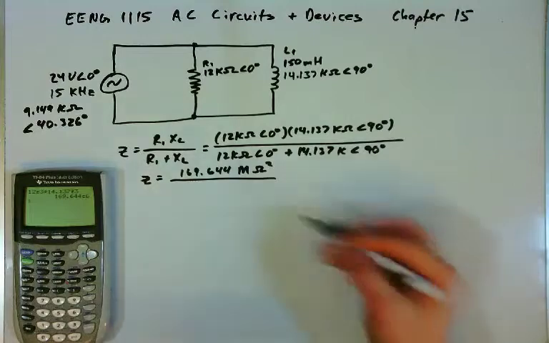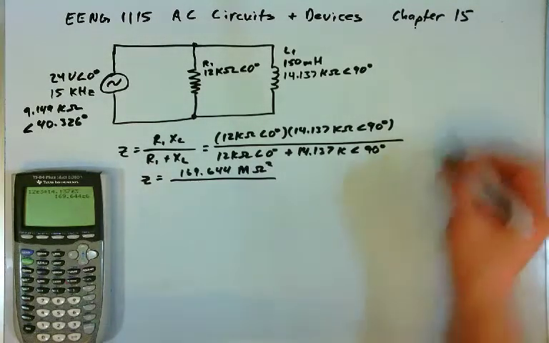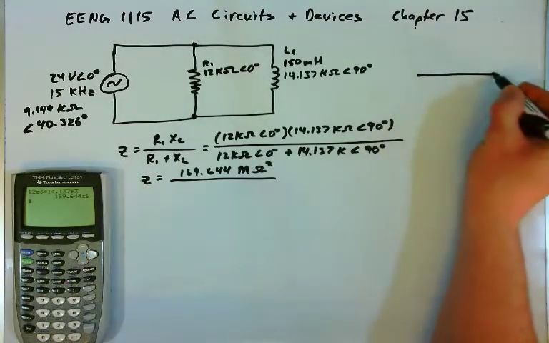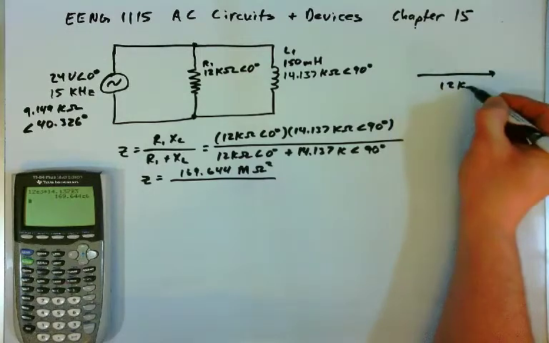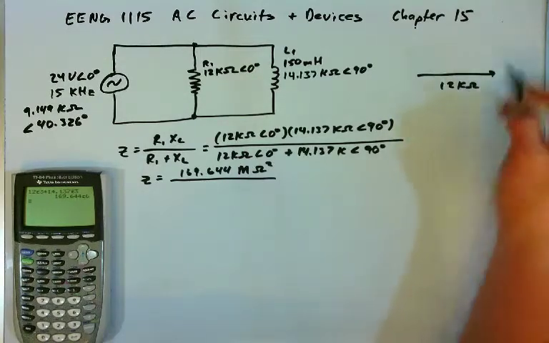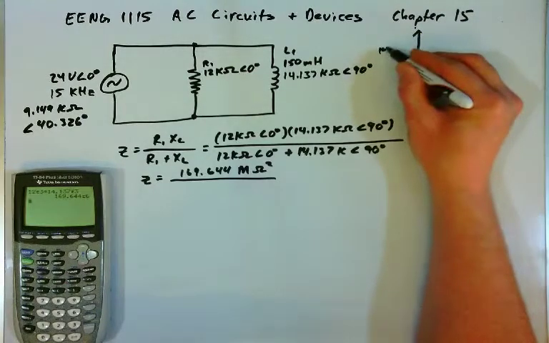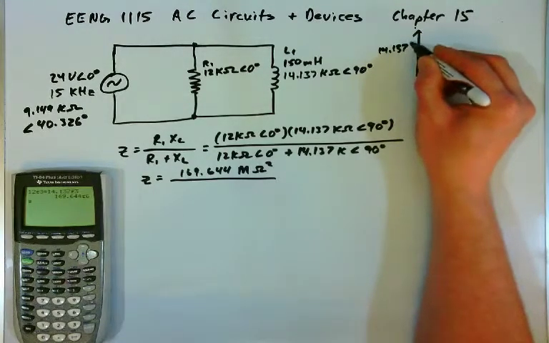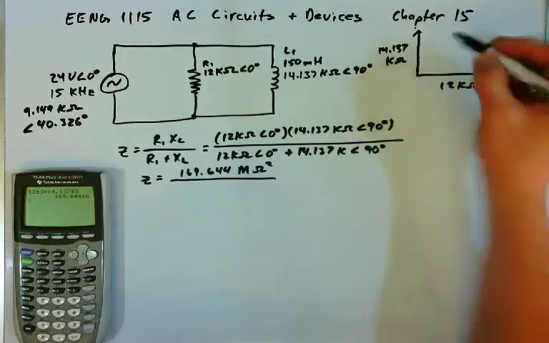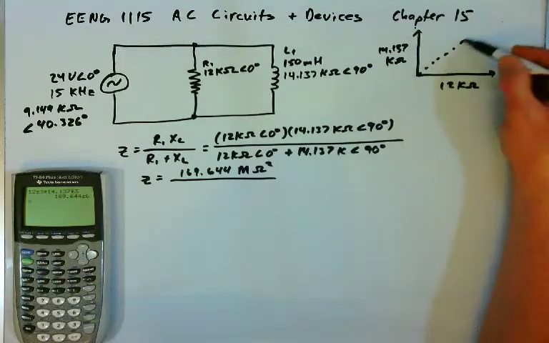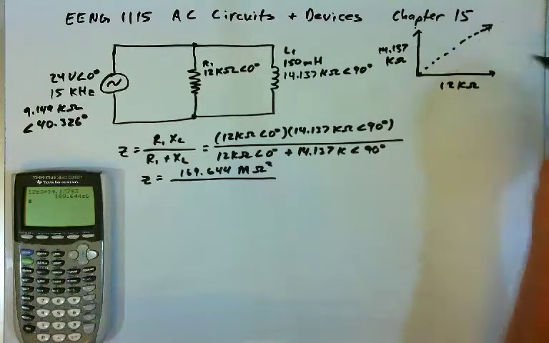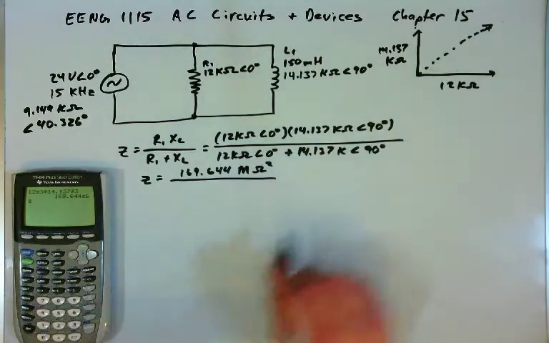Then we need to find the sum, and again, if you look at this graphically, we have 12 kilo ohms at 0 degrees, and we have 14.137 kilo ohms at 90 degrees, and we're looking for the vector sum, which would be the hypotenuse of the triangle that's formed.